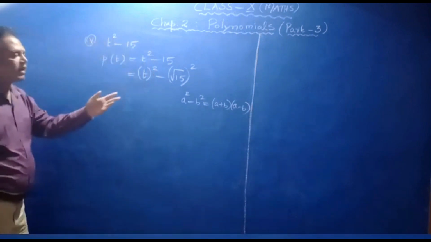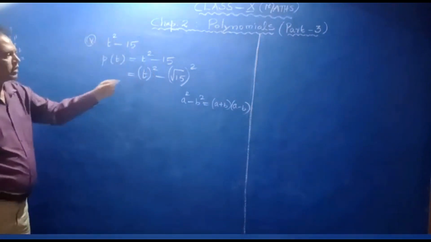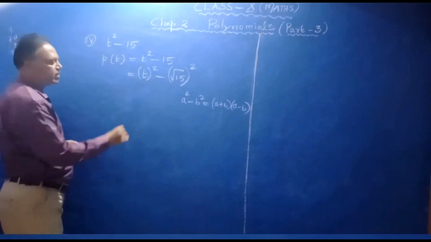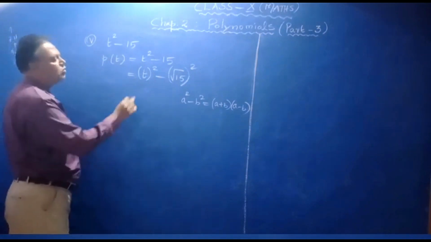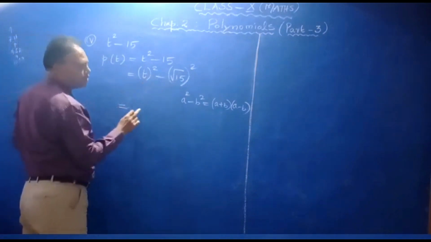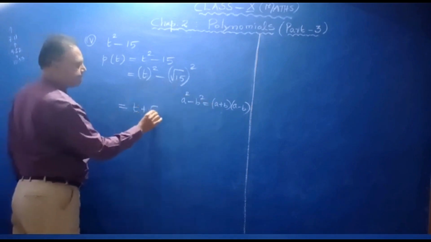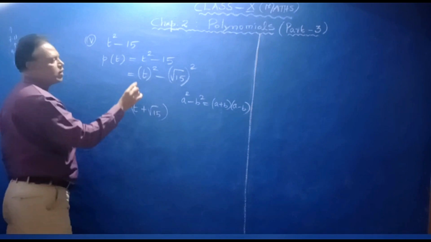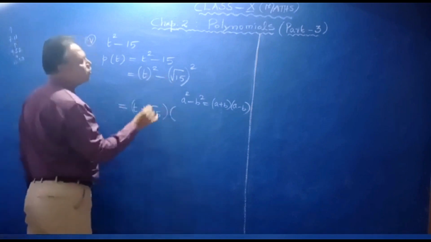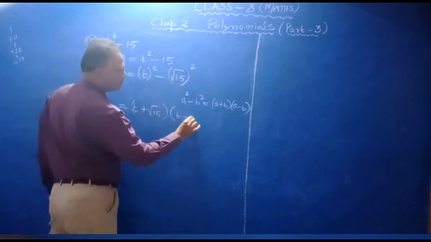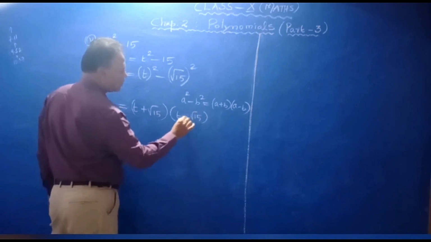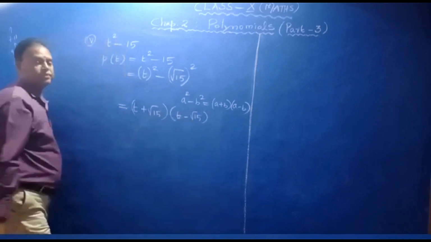Understand? Like this you have to factorize, using the a squared minus b squared identity. Apply a plus b: just add, ignoring the square, then into, then subtract. Okay, you got two factors.